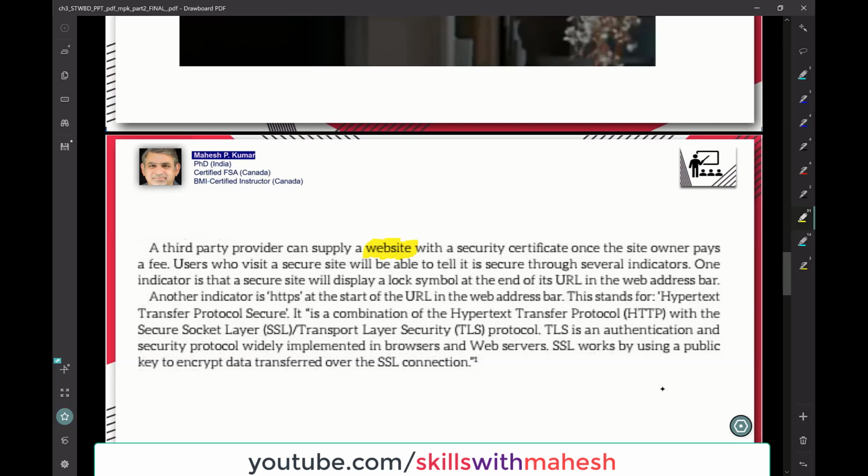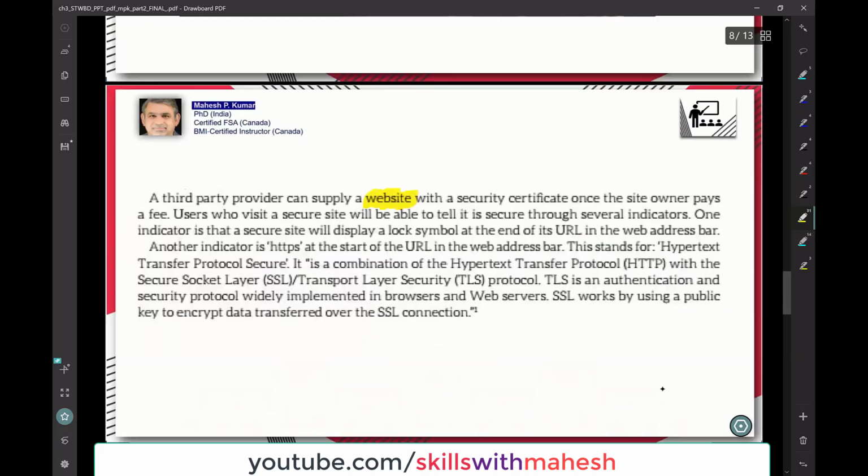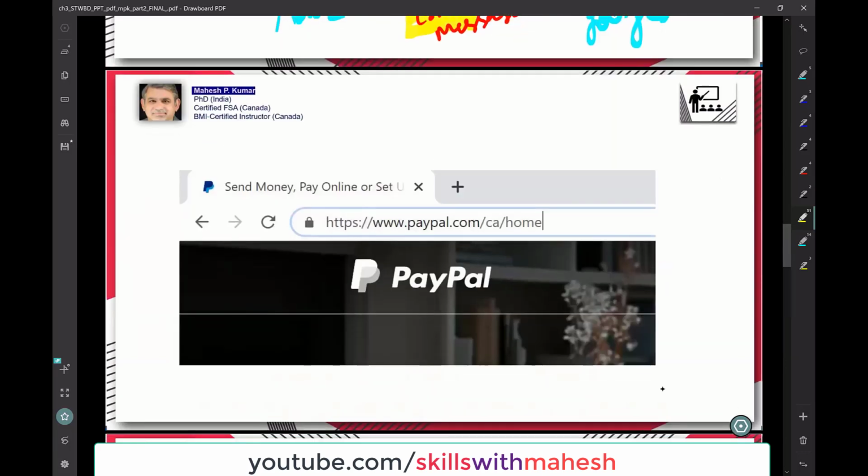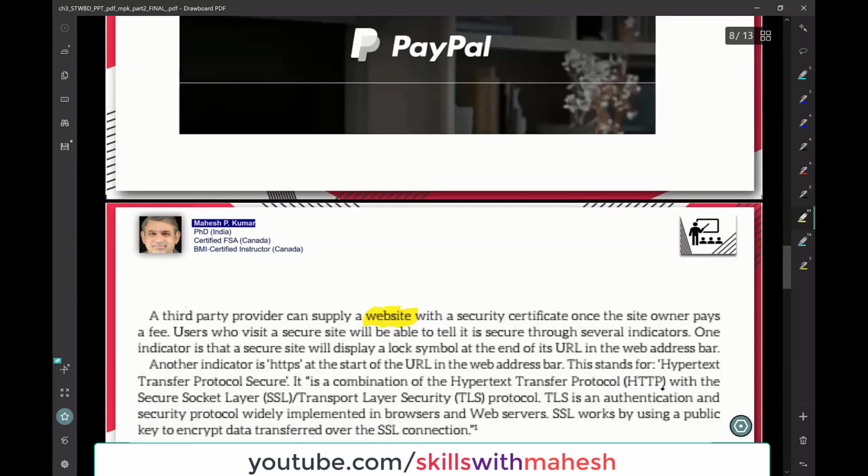And there are two indicators of a secure website. First is this thing, the lock symbol, right? This lock symbol won't appear on each and every website. It will appear only when the site is secure. And second, HTTP is a protocol. Protocol means a rule, and it is called hypertext transfer protocol.